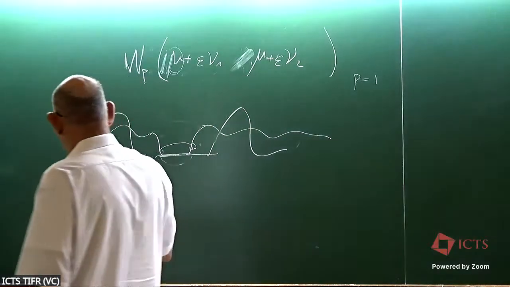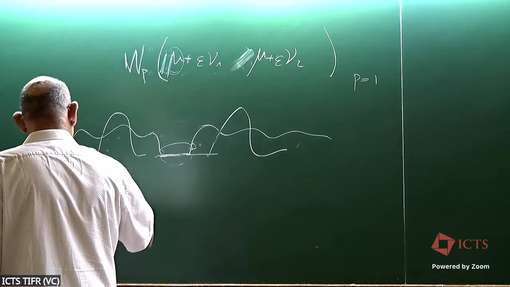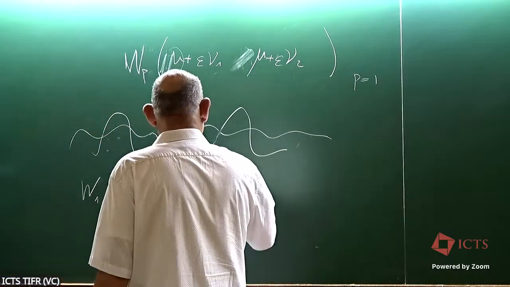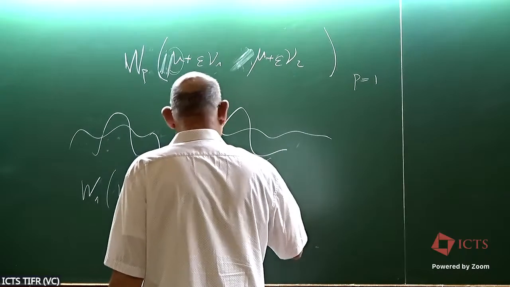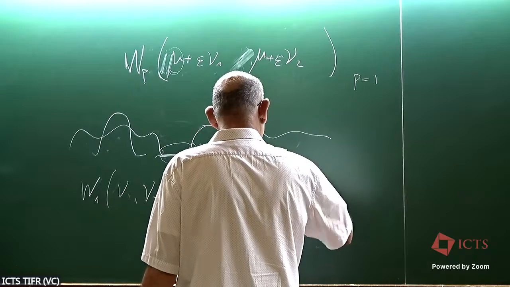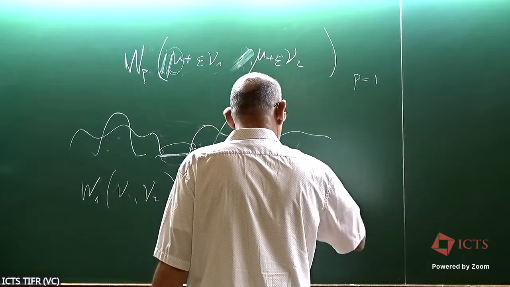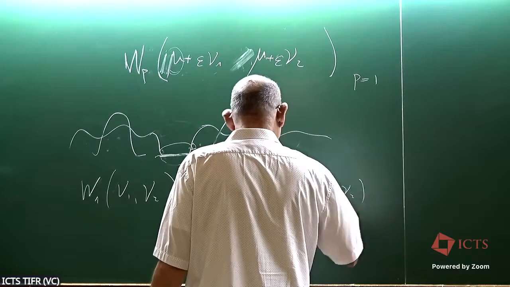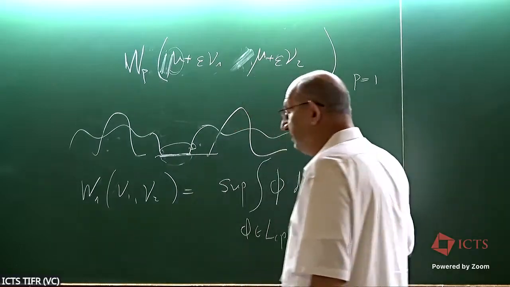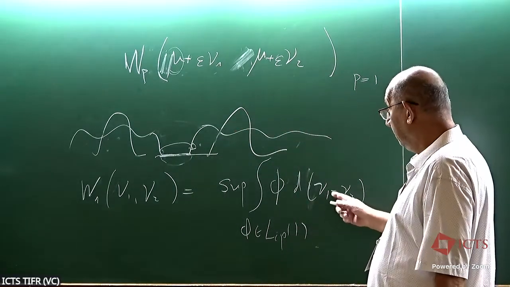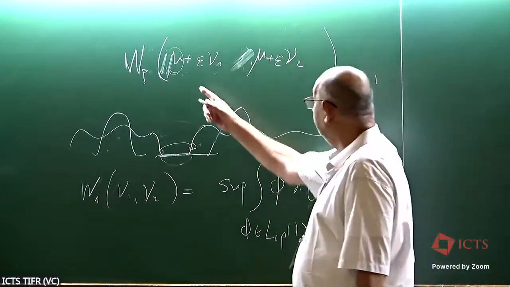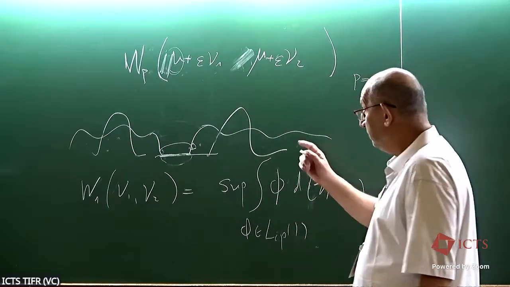Because you will recall that W1 is, by duality, the supremum of the integral of phi d(nu1 minus nu2) over phi in Lip 1. So it's only a function of the difference. This metric is a norm. It only depends on the difference. So if you add something to both sides, it will not change it.